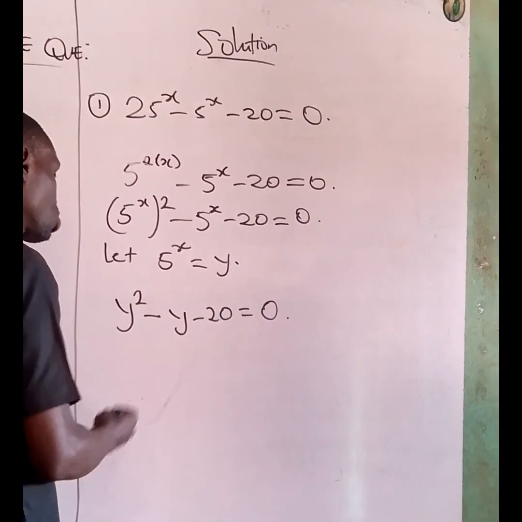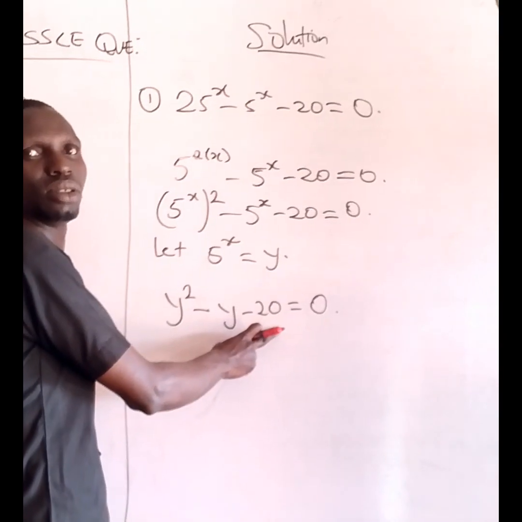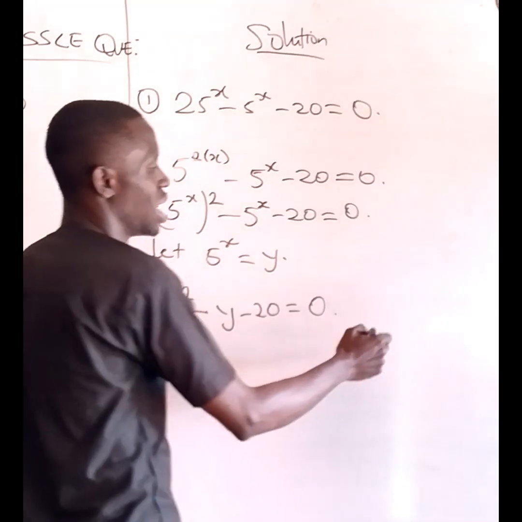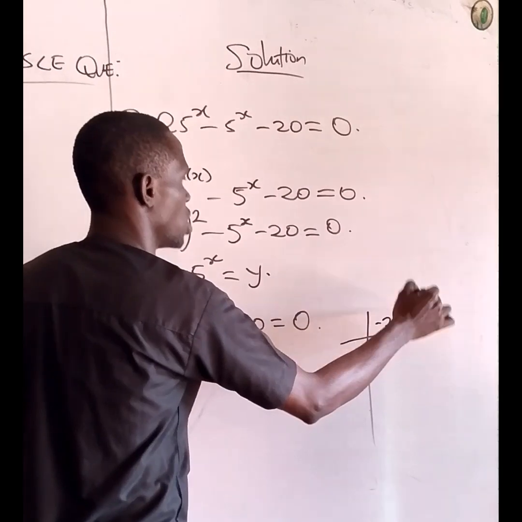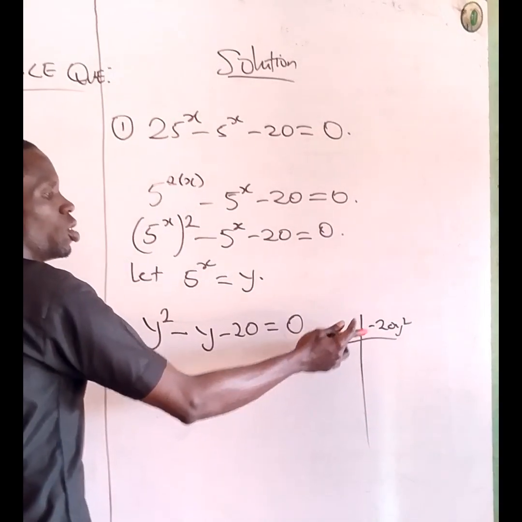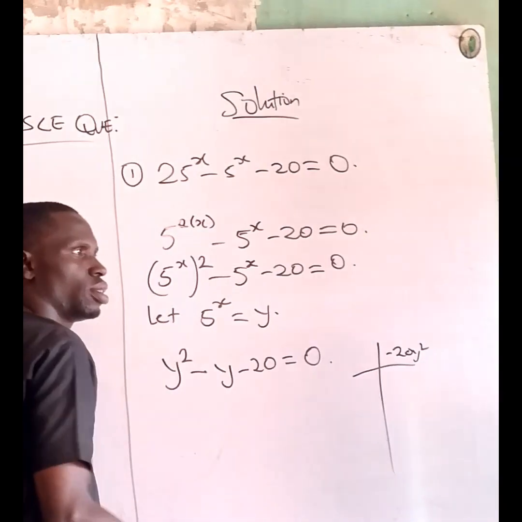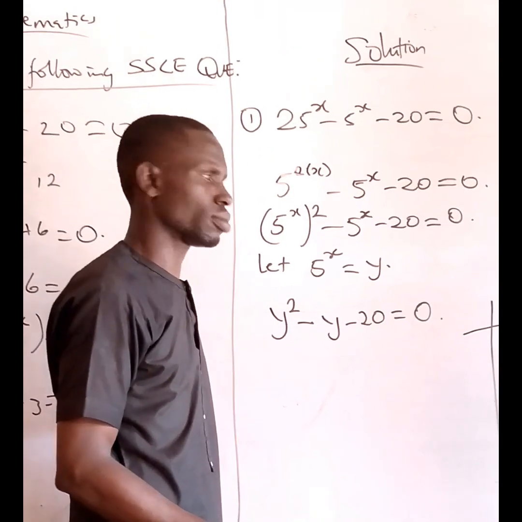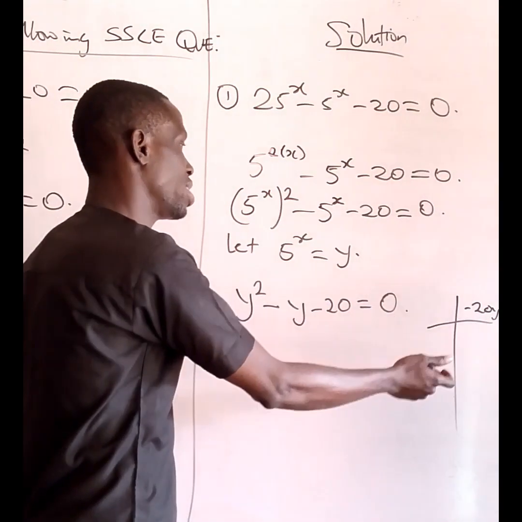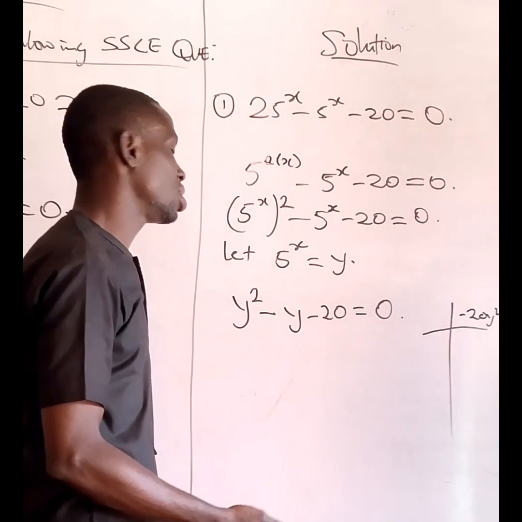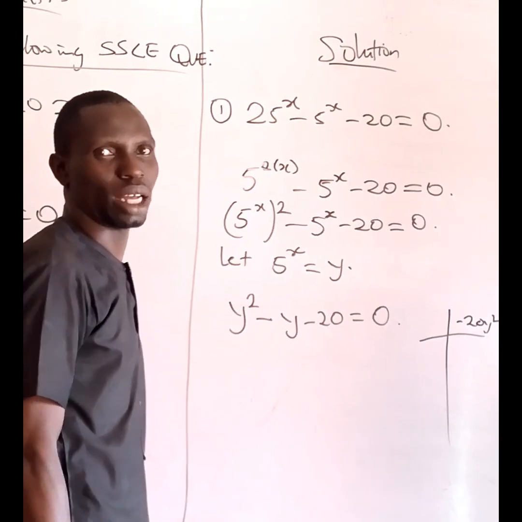Of course, you know, we are going to multiply the coefficient of y squared by the constant, which is 20. And that gives us minus 20y squared. The next thing we are going to do is to look for the factors of minus 20 that, when we multiply, give us minus 20, and when we add or subtract, give us minus 1.